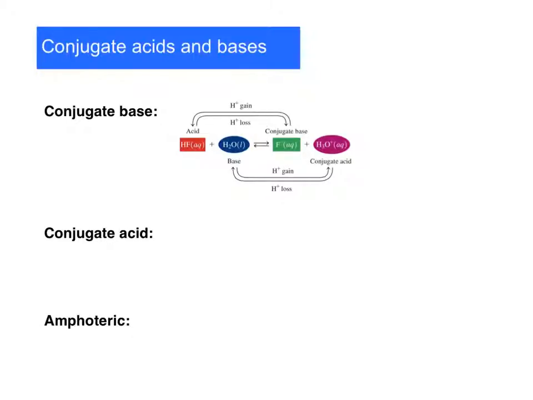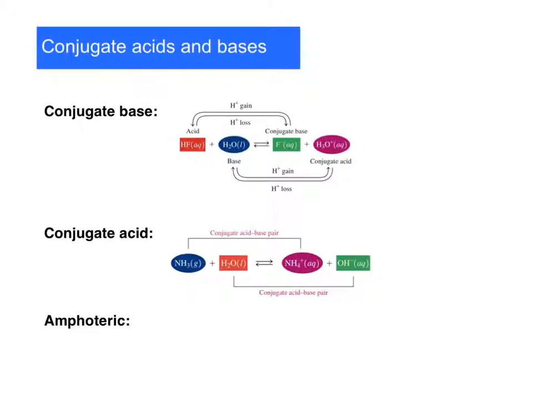Okay, similarly, if a base reacts, so let's take ammonia, NH3, and react that with water, you'll get NH4+ because the NH3 will accept a proton, and OH minus, okay? And so the NH4+ could donate a proton back to the water molecule, and then it would be acting as an acid.